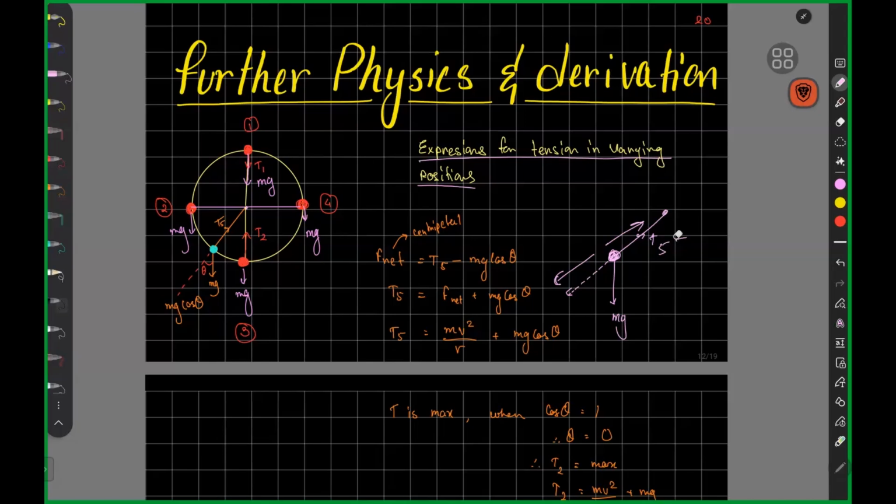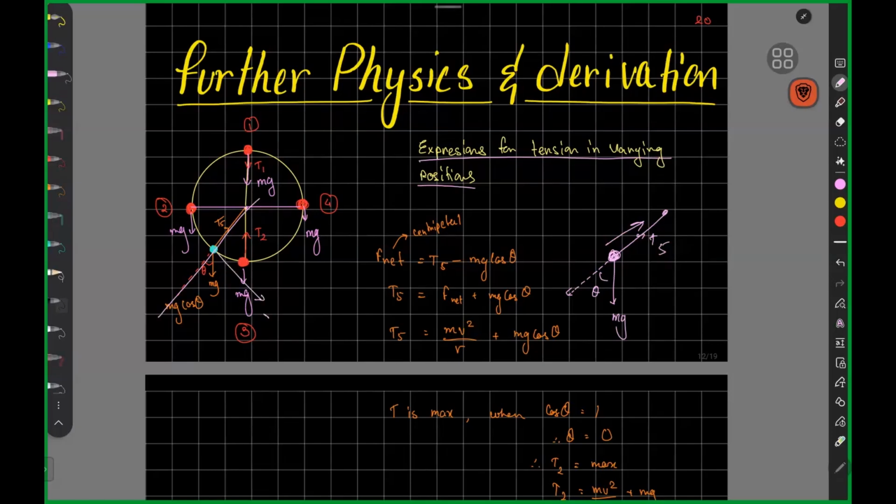So what is this opposite direction, my friend? What is this force in this direction? If this is my theta, it is going to be mg cos of theta. Are we clear on that? So it's simply that mg has two components, one along the circle path, so along this path, and the other is going to be over here.